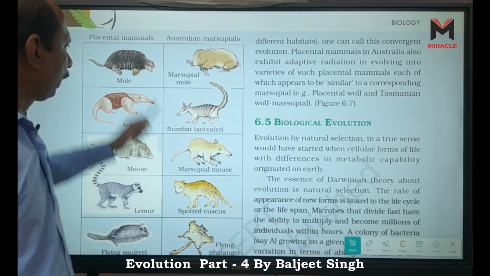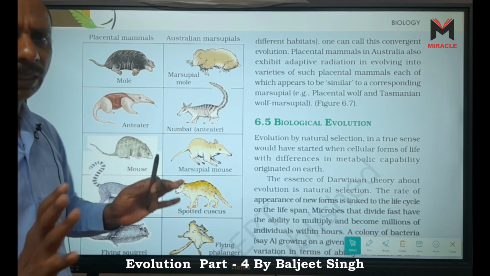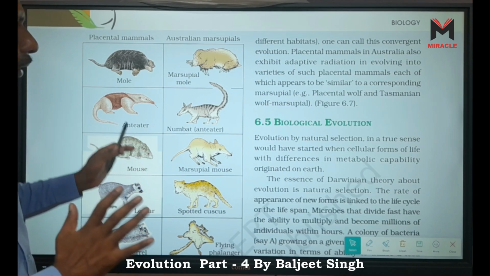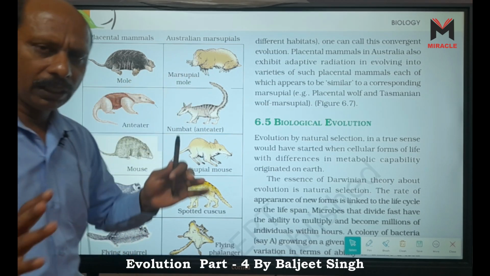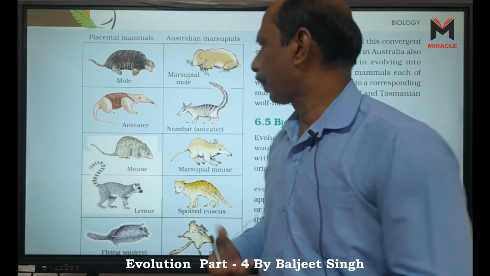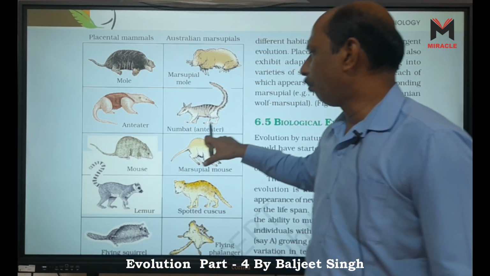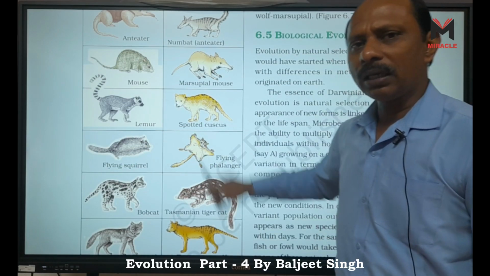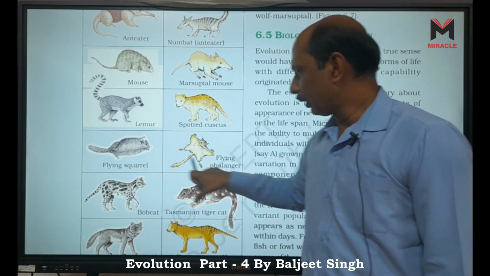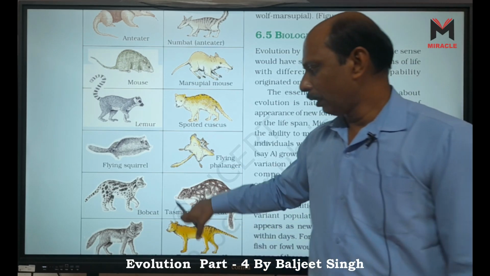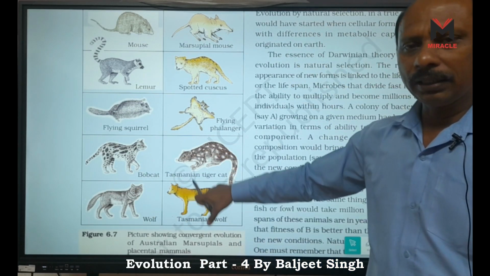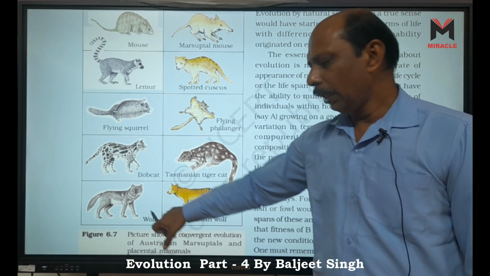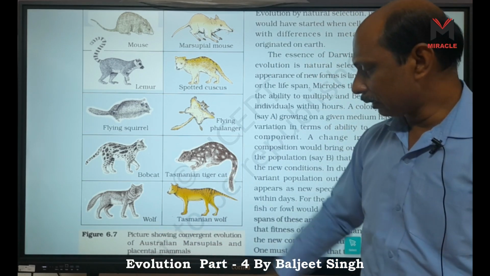That is not one. But their phenotype, when we see them, they look similar to one another. Anteater, numbat anteater, mouse, marsupial mouse, lemur, spotted cuscus, flying squirrel, that is our flying phalanger, bobcat, Tasmanian tiger cat, and wolf, this one is Tasmanian wolf.